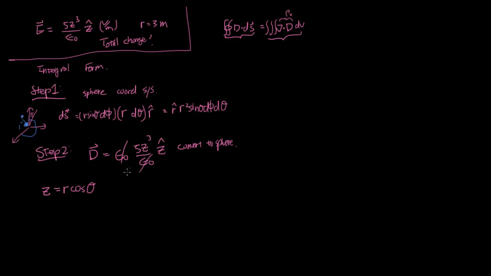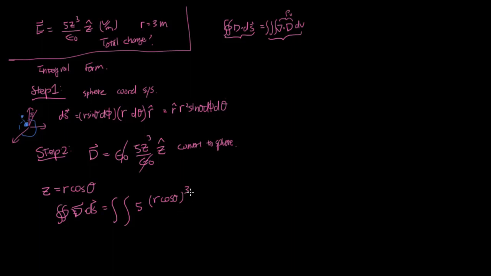So let's plug this z in and set up our integral. Our integral of the closed surface integral of D dot ds is going to be equal to a double integral. We substitute r cosine theta for z, so we have 5 r cosine theta to the third.